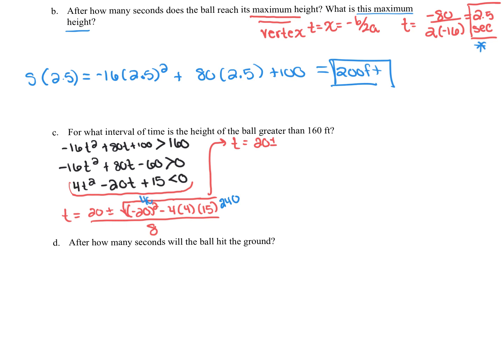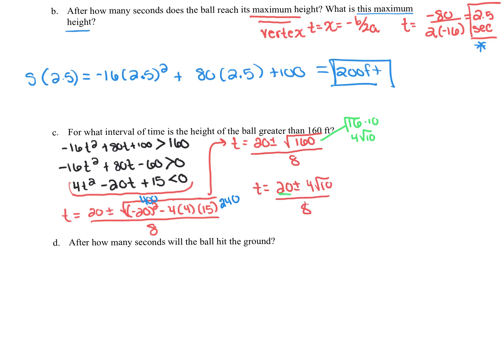So we're going to get the square root of 400 minus 240, which is 160, all over 8. 160 is 16 times 10, and the square root of 16 is 4, so this is 4 root 10. t equals 20 plus or minus 4 root 10 all over 8.